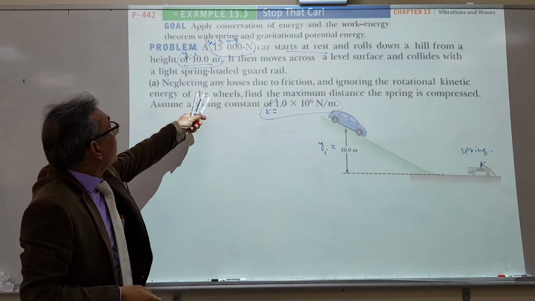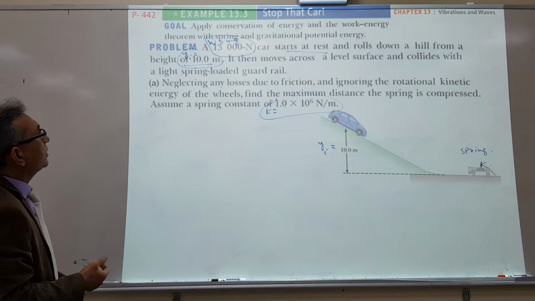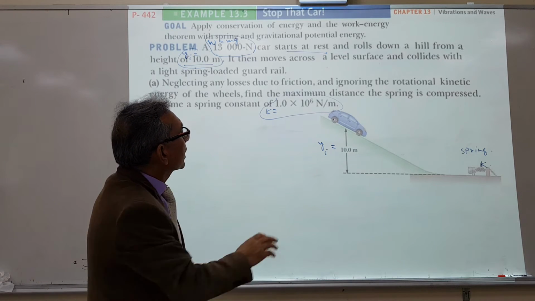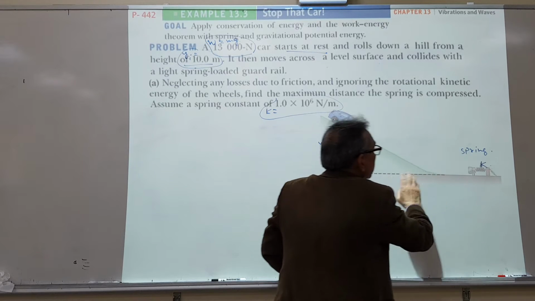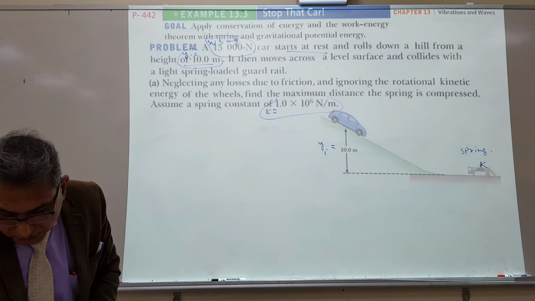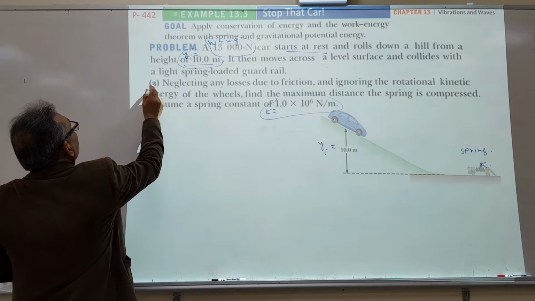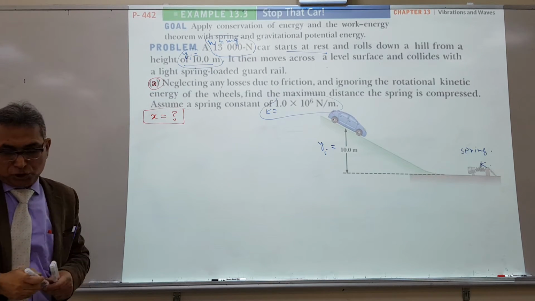A part: neglecting any losses due to friction and ignoring the rotational kinetic energy of the wheels, we ignore these things. Find the maximum distance the spring is compressed once the car reaches here. How much is that spring compressed? X, you have to find out first.